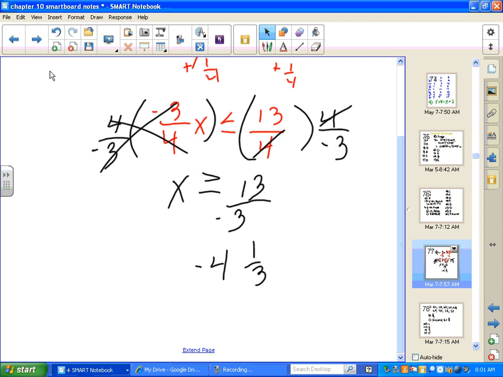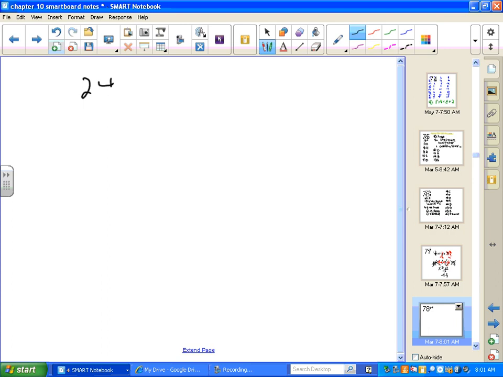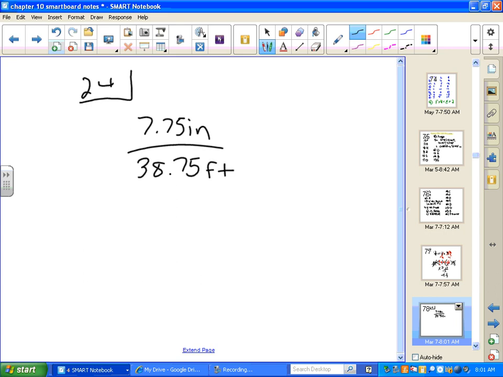24. Okay. 24, you should have, okay, they gave you 7.75 inches for every 38.75 feet. So this is your scale and your model. All you're doing is simplifying it, Emma. Okay, you can still do that. Either way, you're simplifying. So if you type that into your calculator, what did you get? Yeah.